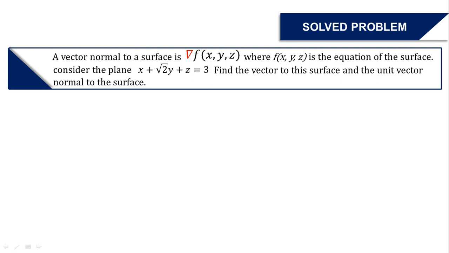So we have here a vector normal to the surface is del of a function in terms of x, y, and z, where the function is an equation of the surface. Consider the plane x plus square root of 2 y plus z is equal to 3.